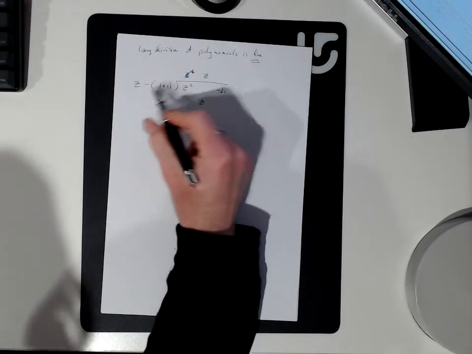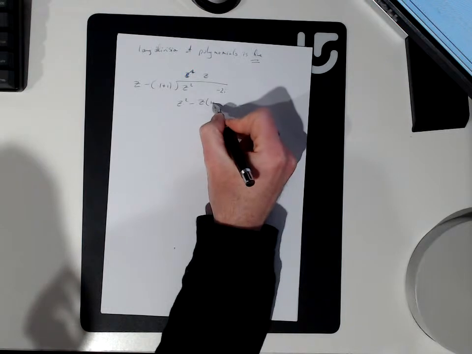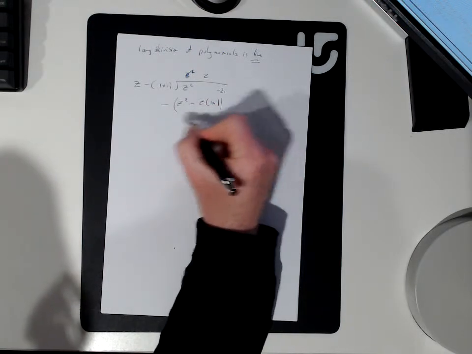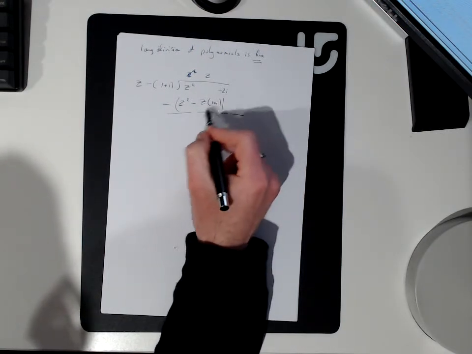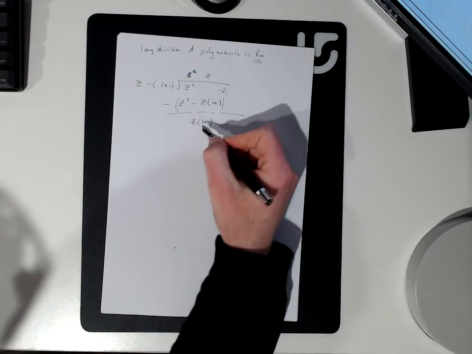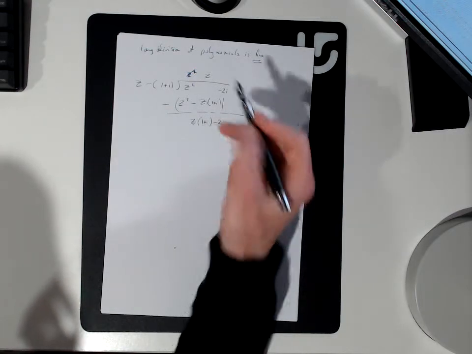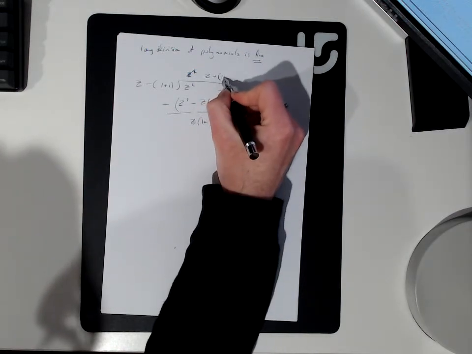z times z is z squared minus z times that, 1 plus i, and then we subtract all of that off. The z's cancel, and we get zi plus z minus 2i. So what do we times z by to get this? We times it by i plus 1.